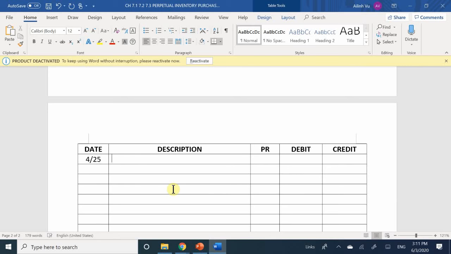Okay, so we recognize that we made another purchase. What are the accounts that we're going to be recognizing? Inventory. Yes, we're increasing our inventory because we purchased. Good. Accounts payable. Okay, and how much are we increasing?